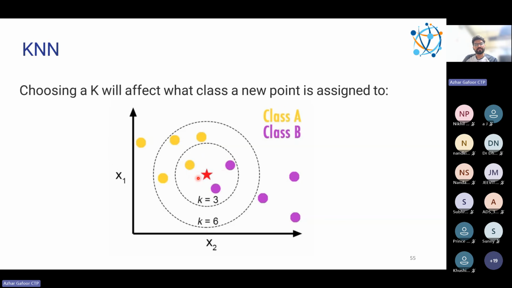So if we choose K equal to 3, this makes our star be classified as class B. Now if we choose K equal to 6, then the scenario changes because now we have more class A near the star. So that makes our point be in class A. So the decision depends on the number that we choose.